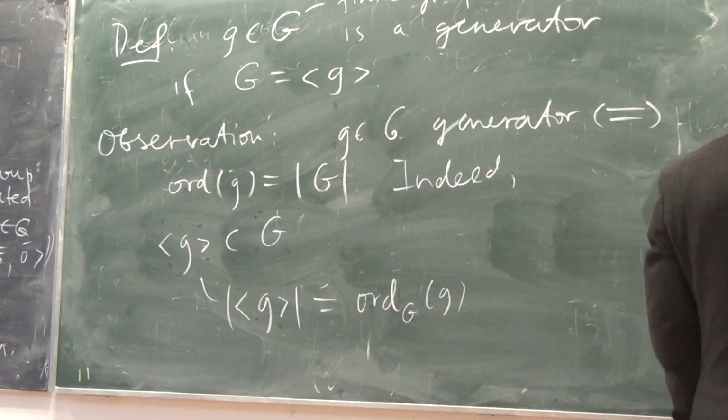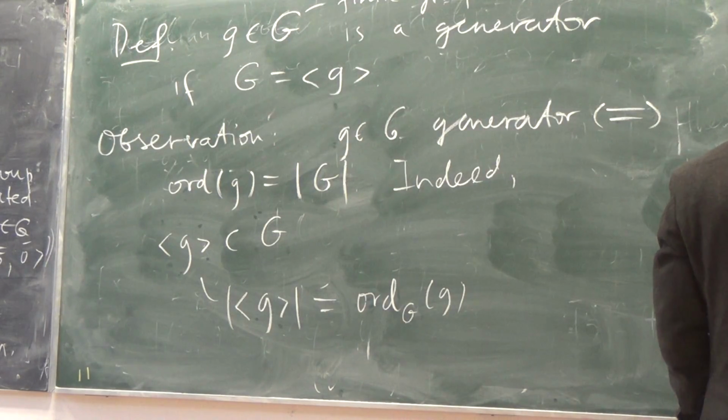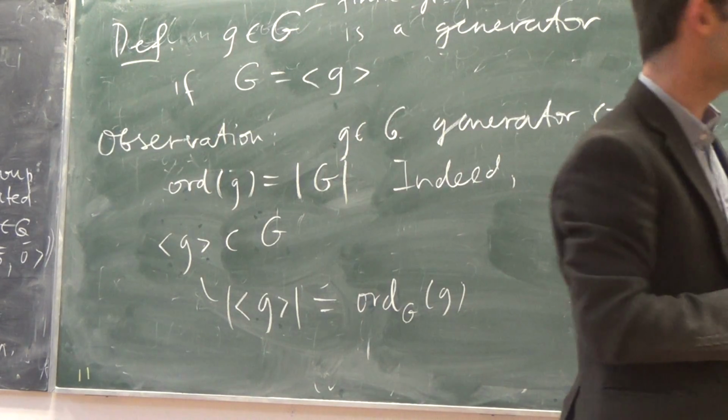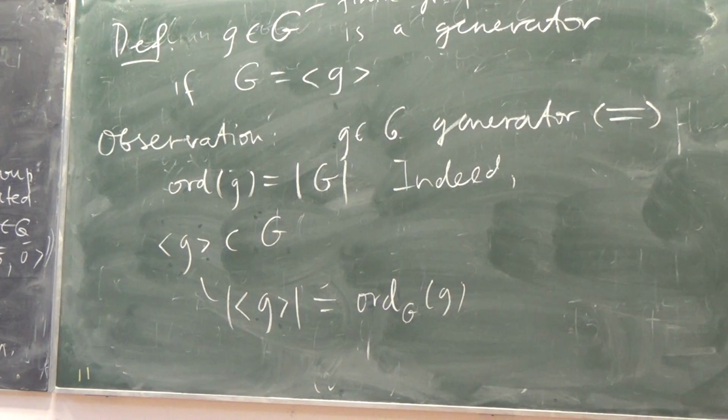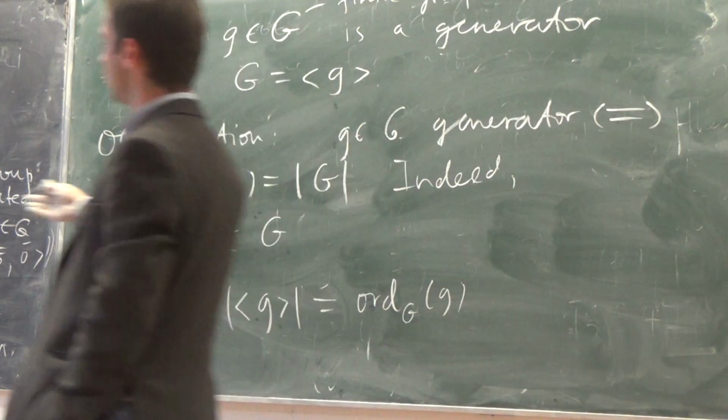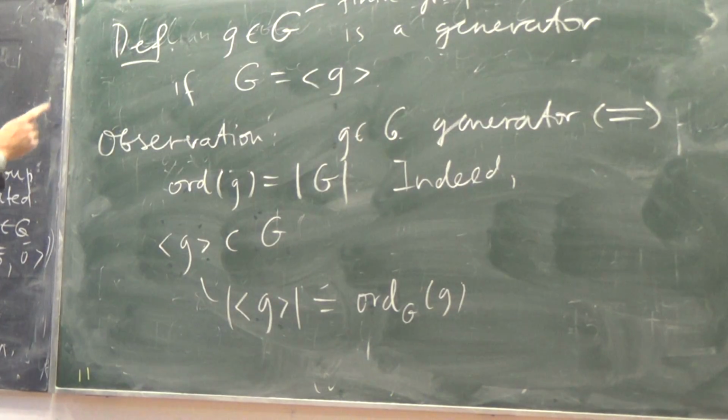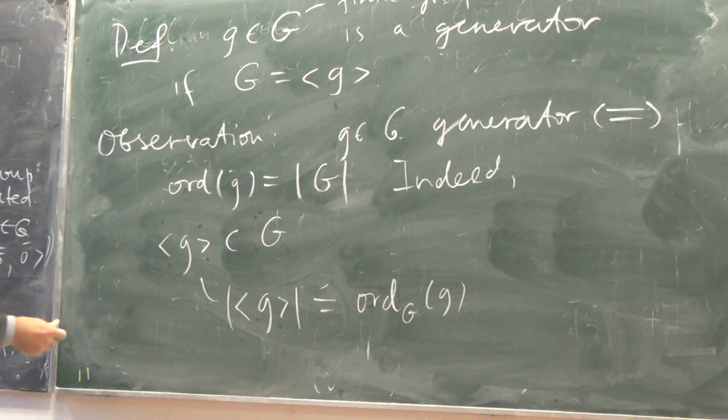Okay, now let's study some of those groups we're interested in, like Zp star. And then also we'll look at Z8 star. So what should we do? So let's take Z5 star. So basically what I want to do with this group, I want to look at various orders of elements, and I want to look at whether it has a generator or not.